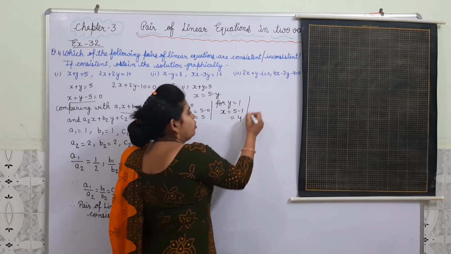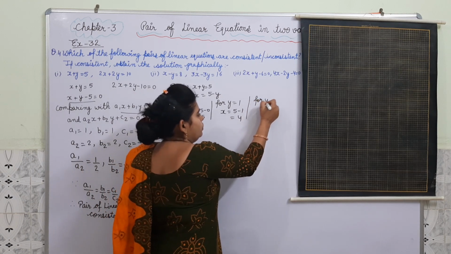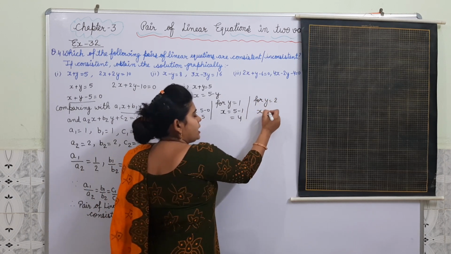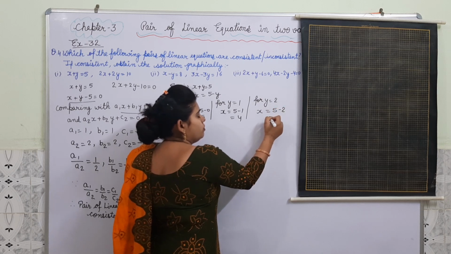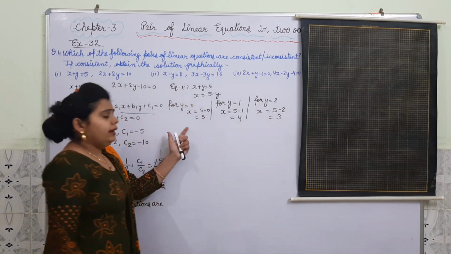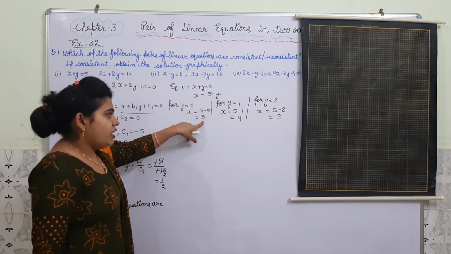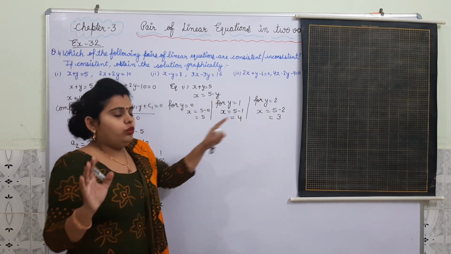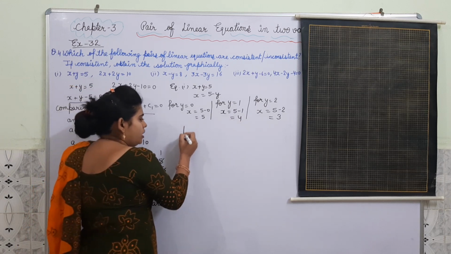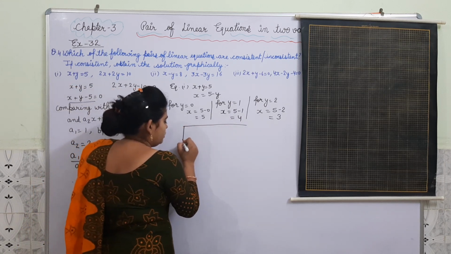Now for y is equal to 2, what will we get? x will be 5 minus 2, which means 3. You can take negative values also. I have taken 0, 1, 2; you can take any negative value. So from here now we will prepare a table.